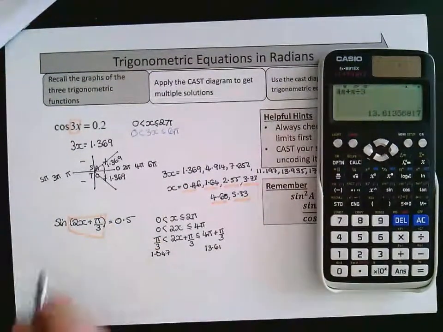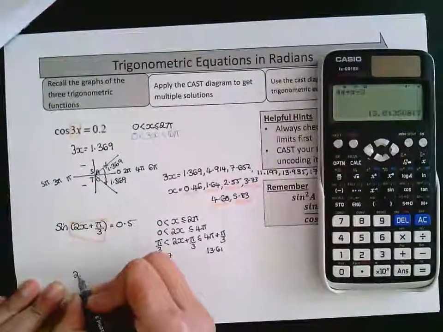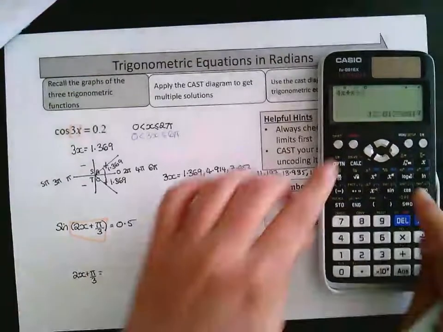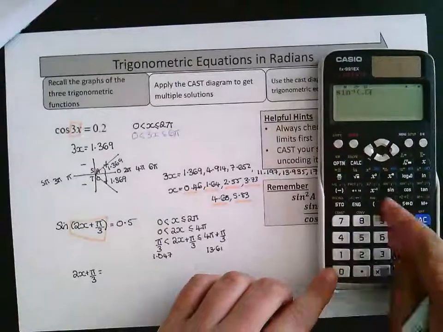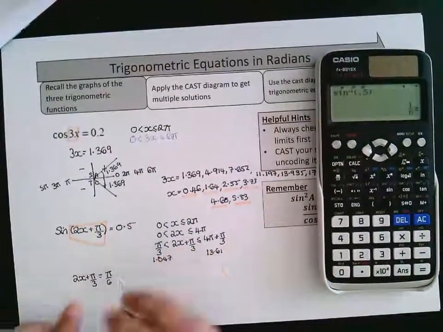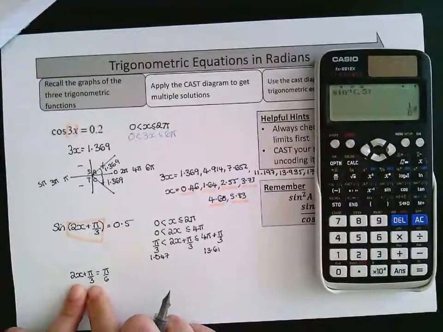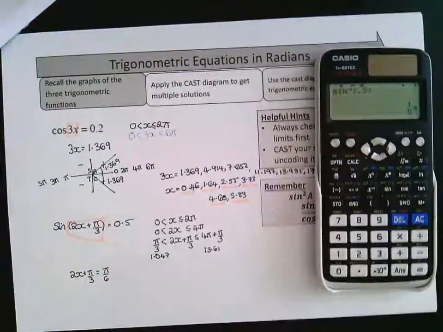So next thing we're going to do, let's get rid of the sine by inverse signing both sides. And my calculator is still in radian mode. All right, pi by 6. Do not start getting rid of these things here. So yes, at the very end, I will be minusing pi by 3 and dividing by 2, but not yet.